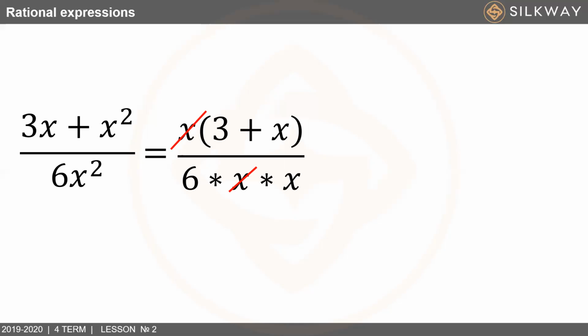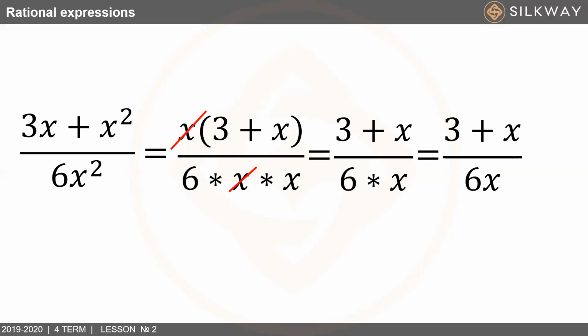So here we can cancel x and x. 3 plus x we cannot divide by 6 or by x. So it will be 3 plus x divided by 6x.